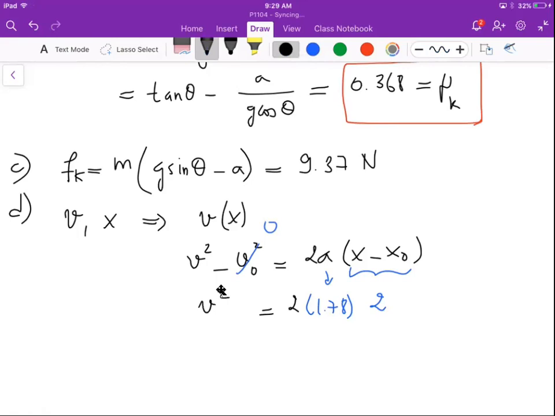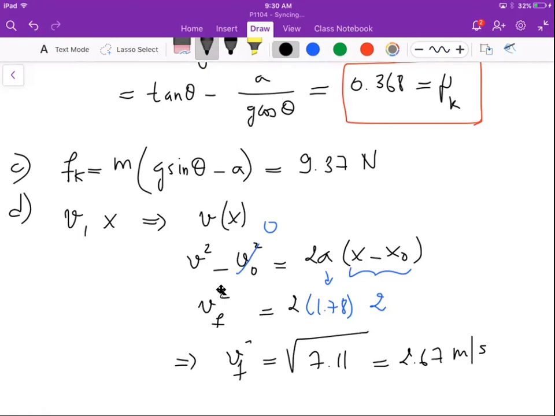So we end up with v squared equals 2 times 1.75 times 2, and so we can deduce that this is v final squared, and so v final is equal to the square root of this value. The value of this is 7.11, and so the square root of 7.11 is 2.67 meters per second.